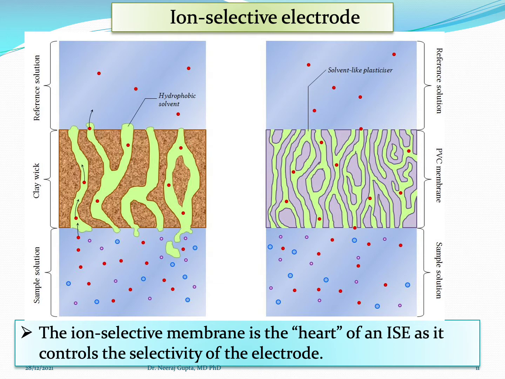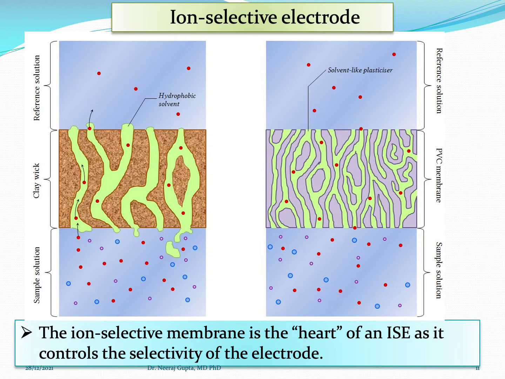The ion selective membrane is at the heart of an ISE, as it controls the selectivity of the electrode. These special membranes selectively interact with a single ionic species and generate a membrane potential for the anion or cation of interest. As you can see in this diagram, one of the ions of interest will pass through the electrode and generate electrode potentials.